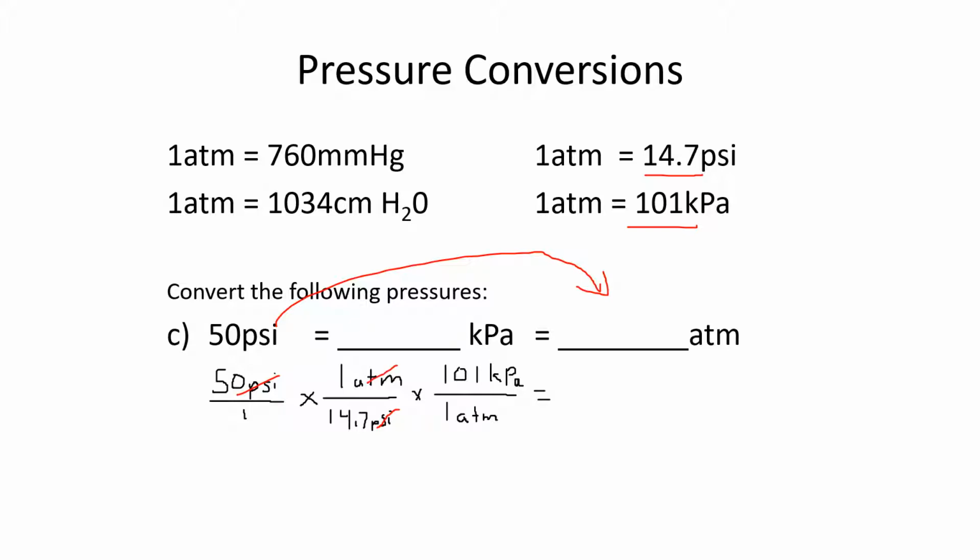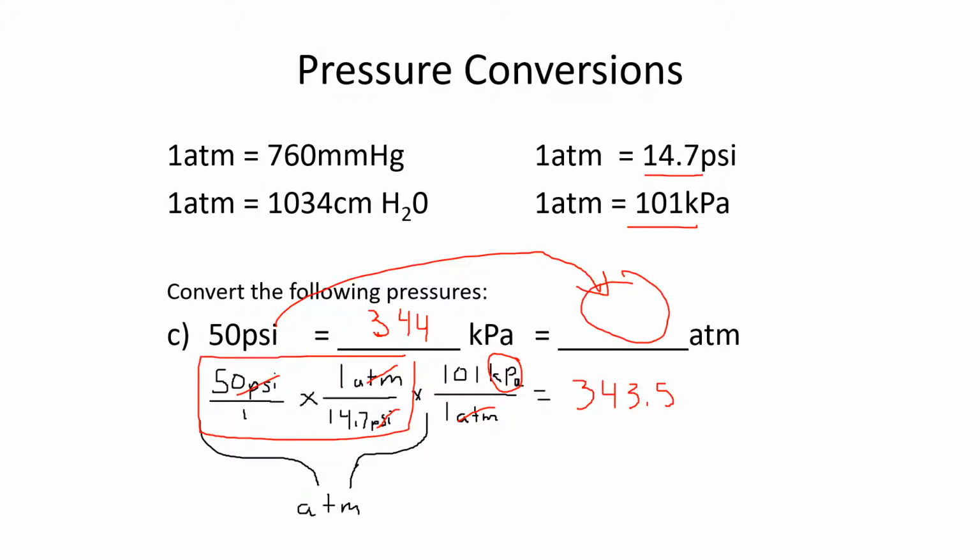And then every atmosphere, there is 101 kilopascals. So if you just do this step here, it gives you atmosphere. Bam, 3.4. So if you're following the units, it helps if you don't know when to multiply or divide.